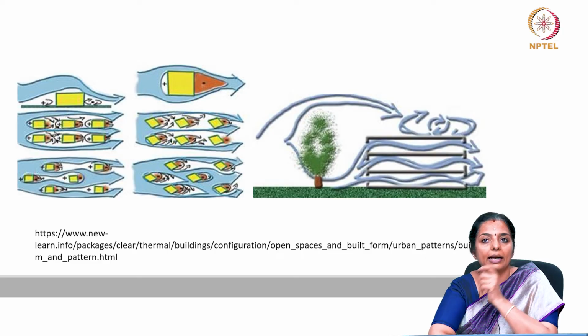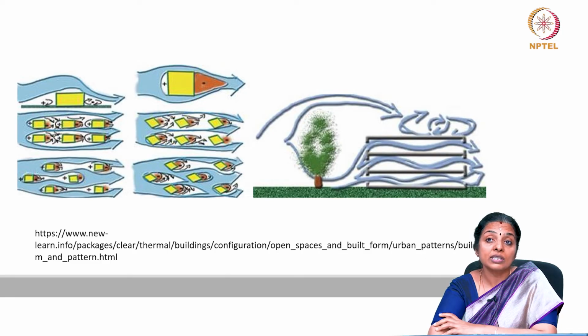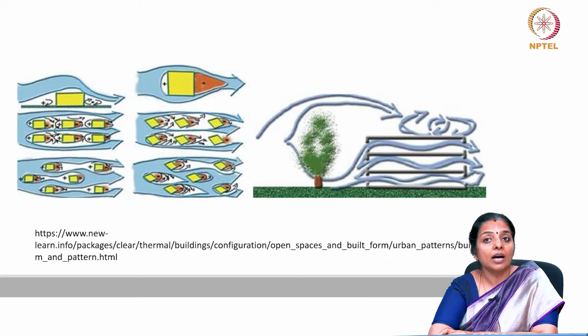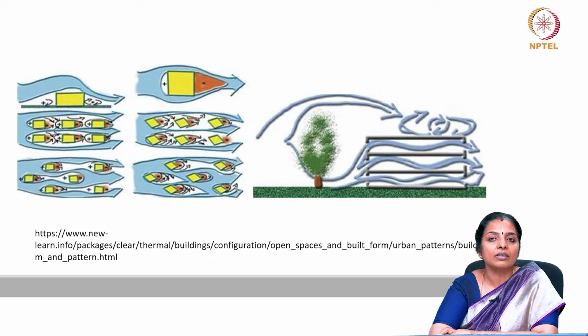On the other hand, when building blocks are placed parallel to the prevailing wind direction, the wind can blow through spaces between the buildings and along the streets with small retarding effect from the friction with the buildings. In this case, the interior of the buildings suffer from poor ventilation while the adjacent open spaces experience high wind velocities.